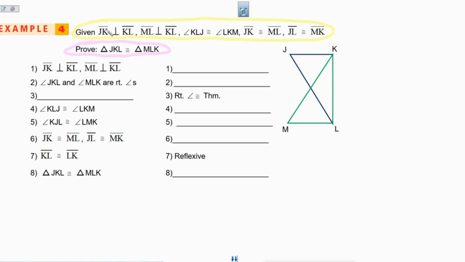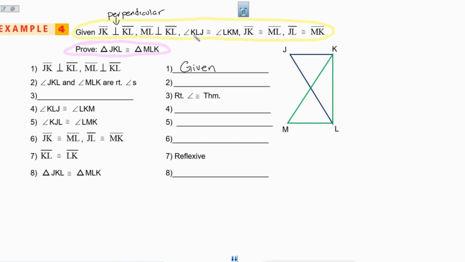So first off, we want to find segment JK is perpendicular to segment KL. Remember that upside down T means perpendicular. And that's in our first one. And it has segment ML is perpendicular to KL. So we've got that as well. We need to write down given next to it.